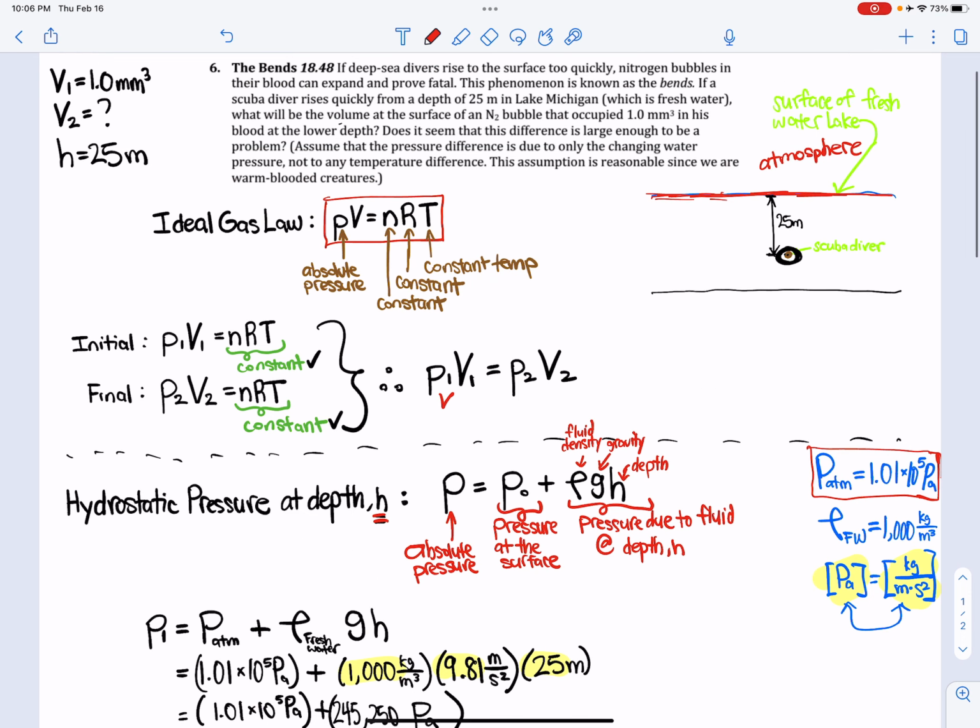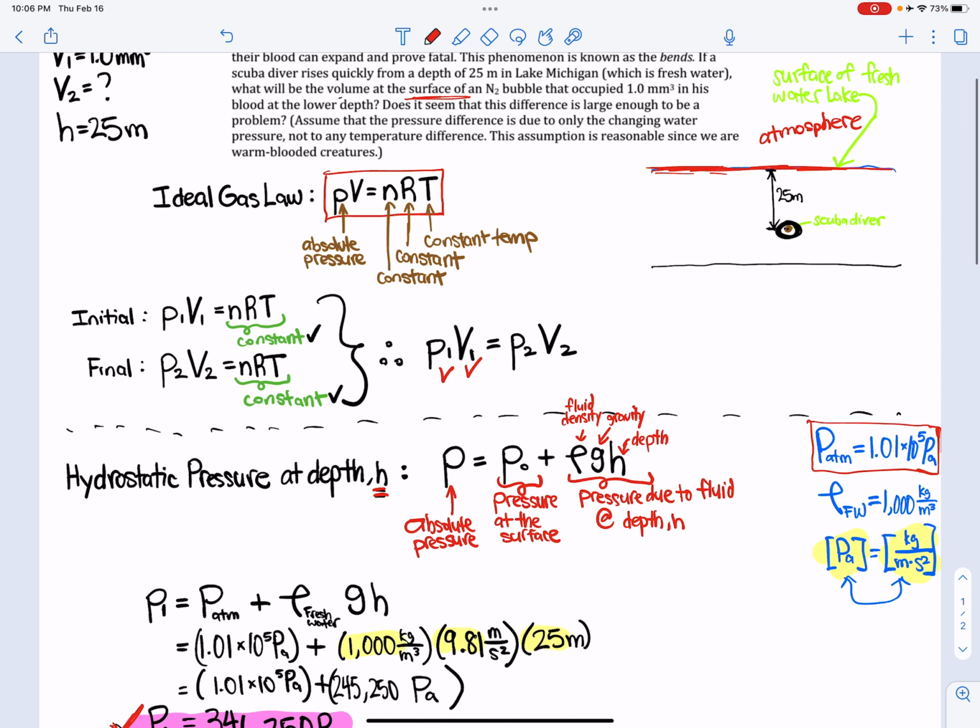P2, we do know because the diver rises quickly from a depth of 25 meters, and we're being asked what the volume would be at the surface, right? So here at the surface of the freshwater lake, we're going to encounter atmospheric pressure, right? So this we know. Atmospheric pressure right here. So we know that, and we can solve for V2, which is what we're looking for.